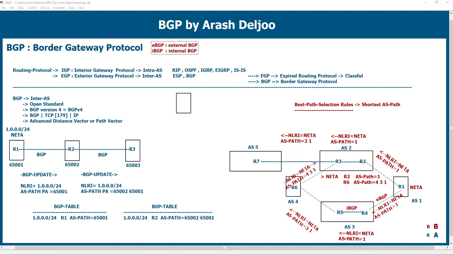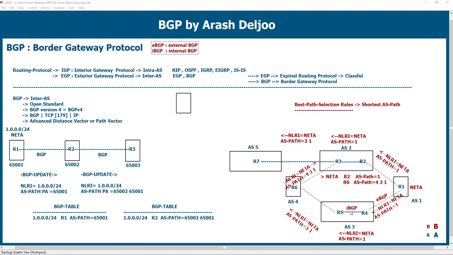Look at this, we use iBGP between R4 and R5 inside the network, but for advertising external networks. We don't use BGP inside of the AS for advertising internal networks, for example, IGP networks.